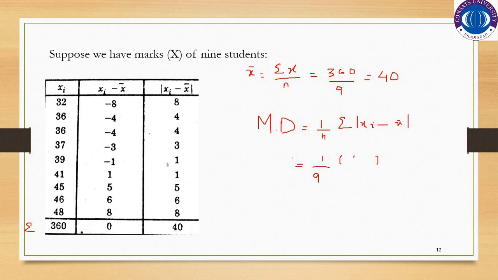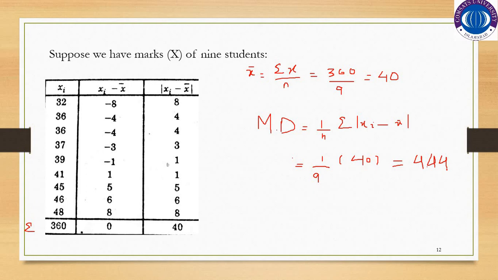So we will substitute it here. So this would be 40 divided by 9, and this will be 4.44.